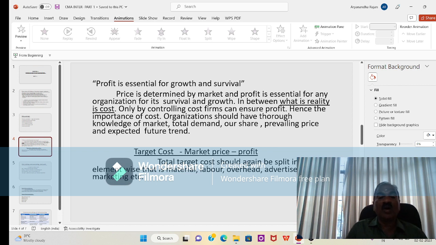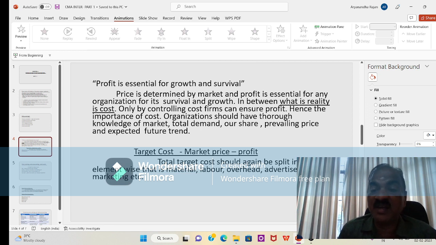So, profit is essential. For growth, you will have to invest more and more money in plant and machinery, etc. For that also, profit is required. For survival also, profit is essential. In public sector enterprises, survival is under threat because they are not able to earn profit. The best example is KSRTC.